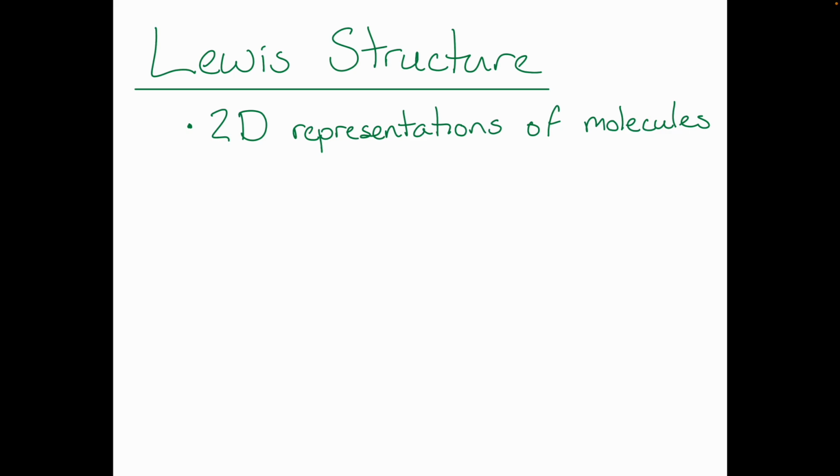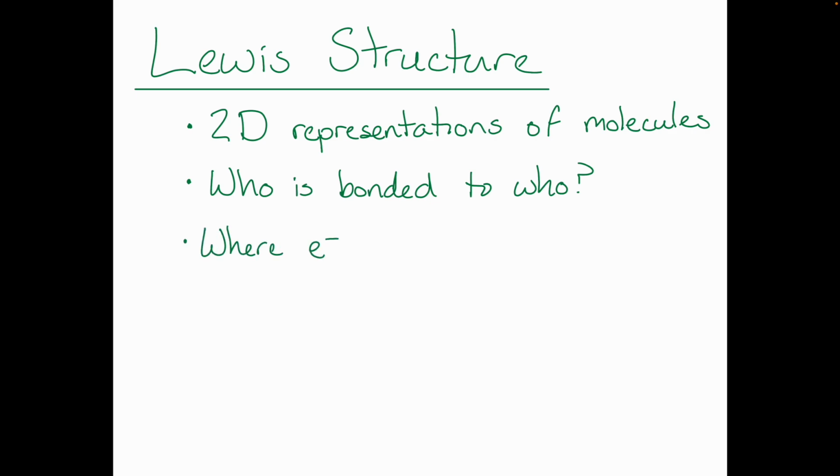Importantly, your Lewis structure gives you 2 important pieces of information. Who is bonded to who? Where are the covalent bonds in your molecule? Which two atoms are bound together in that molecule? As well as where the electrons live in a molecule.